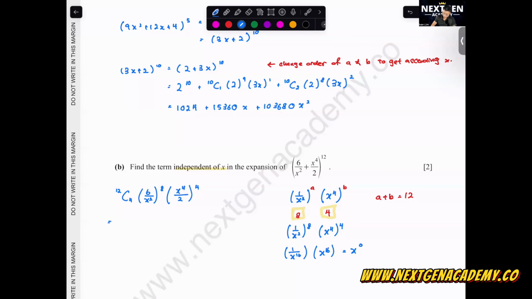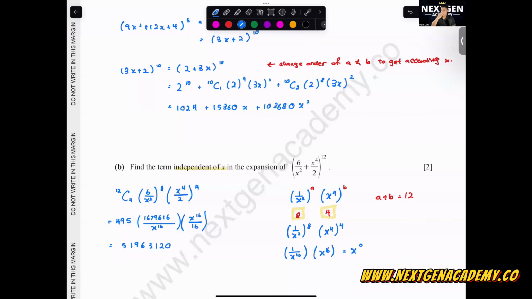You can type it out in your calculator: 495, then 1679616 over x to the power of 16, and x to the power of 16 over 16. Or you can just straight away write the answer. It's a pretty long answer: 5196312.